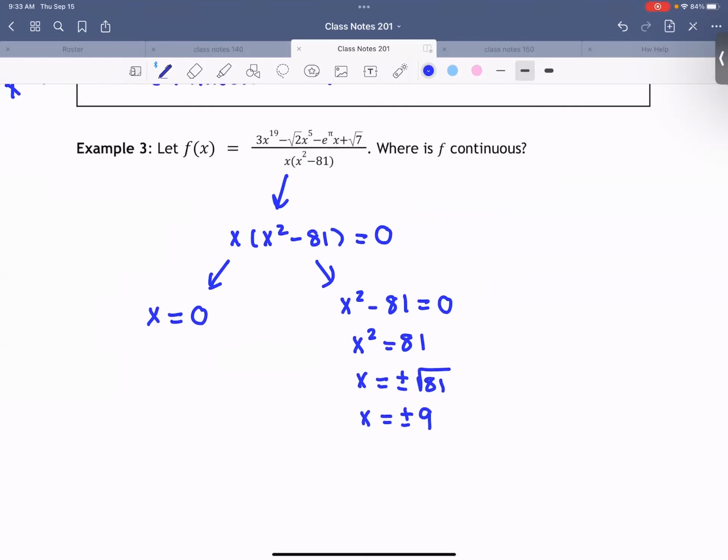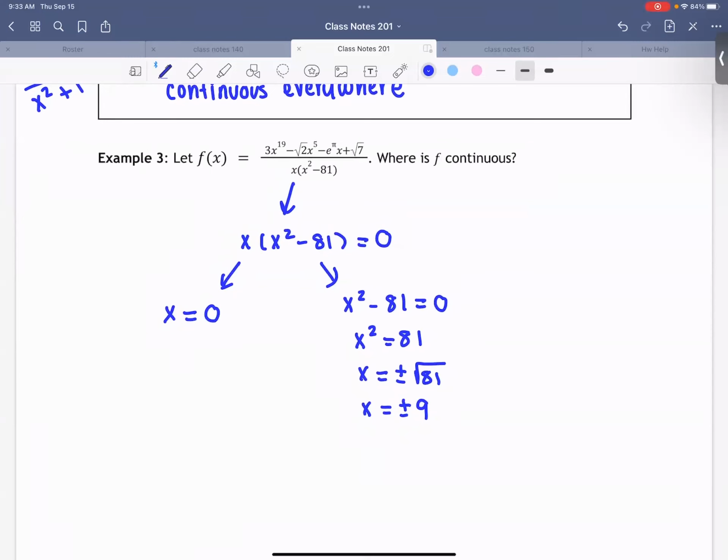We know that 0, -9, and 9 make the denominator equal to 0. So this function is continuous everywhere except those x values that made the denominator equal to 0. So except 0, -9, and +9. Okay.